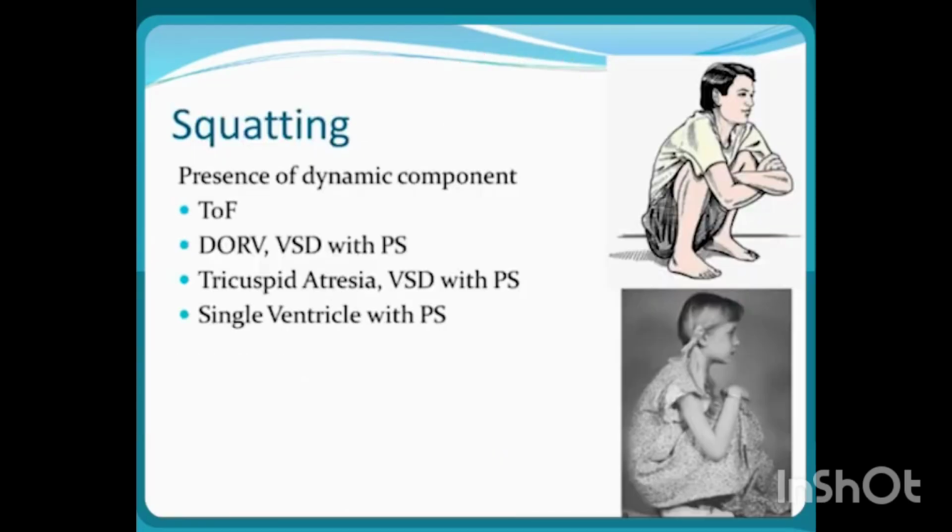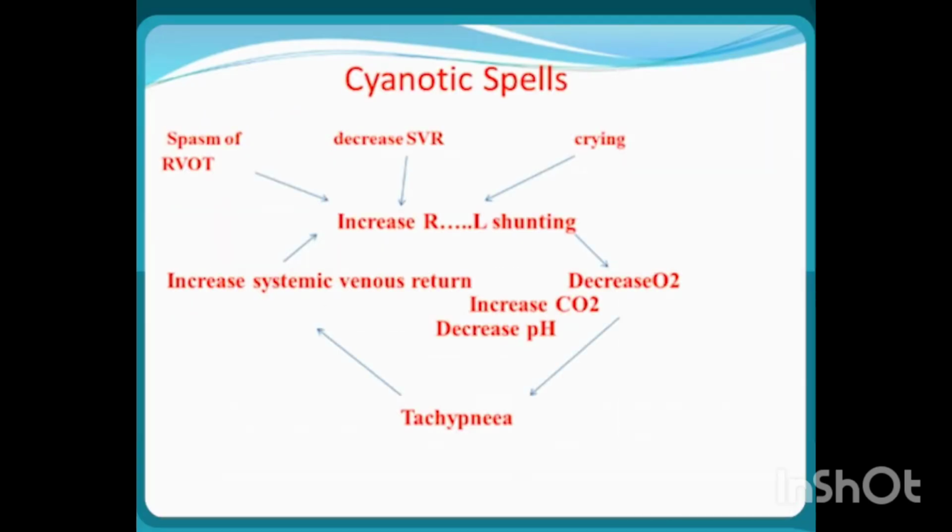This is the pictorial presentation of squatting that is normally seen in TOF patients or TOF physiology patients. So in the TOF situation or DORV VSD PS, tricuspid atresia with VSD and PS, single ventricle with PS, the most important thing to understand in cyanotic CHD with decreased Qp is the cyanotic spell.